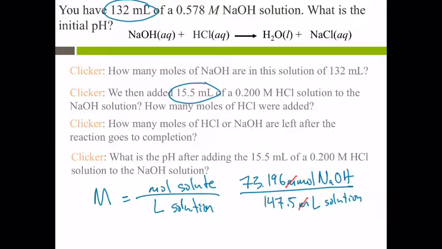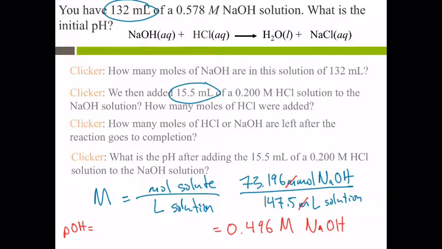So let's find out what the numeric value of that ratio is. When I find that ratio, I find it is 0.496 molar NaOH. How do I find the pH then? Well, let's go through the steps we did before. Let's find the pOH, which is negative log of the concentration of OH minus, which is the concentration of NaOH.